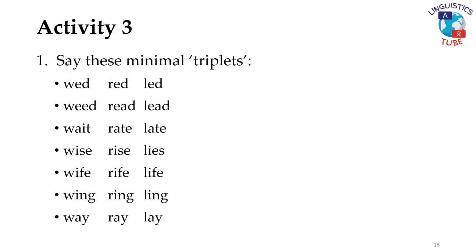I will now say some minimal pairs, or in this case, minimal triplets. Afterwards, please say them yourself. Pause the video while you do this. Wed, red, lead. Weed, read, lead.